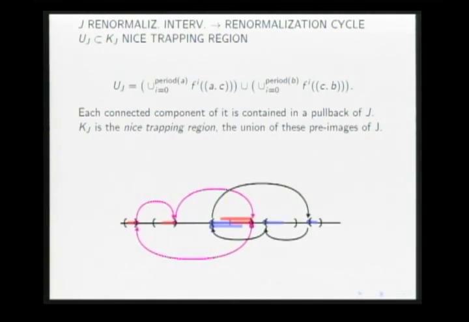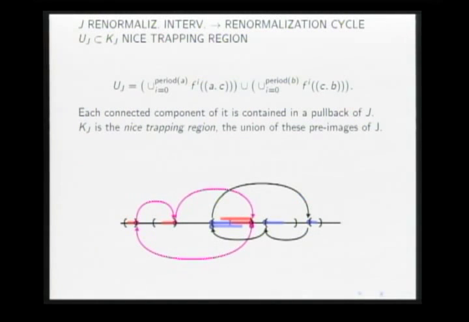And when we consider these pullbacks and only the ones involved in the renormalization cycle, this will give us this, I call it K, and called nice trapping region. It has the same properties as in nice intervals, but it only hosts the cycle of renormalization. Okay? So it's defined like this.